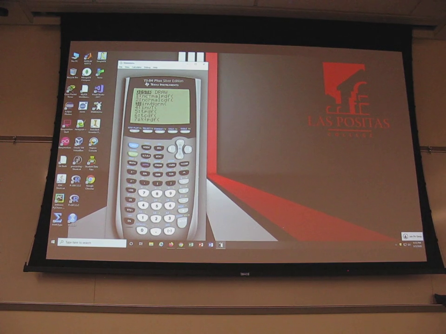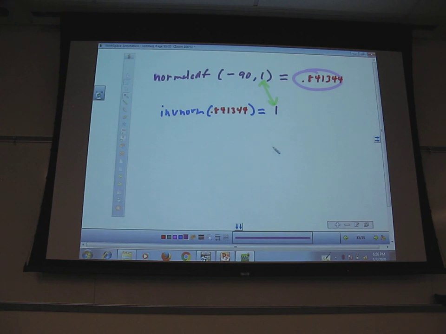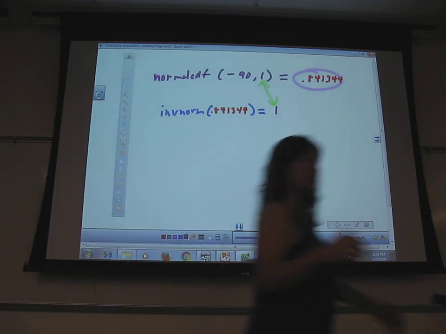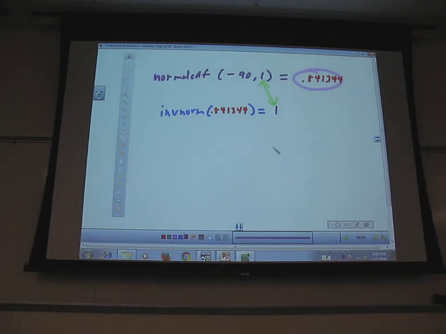Normal CDF, one more down, inverse norm. What was it? Help me out. 8413. 841344. Right, and you get 0.9999999. Basically 1. Okay. They're inverses of each other. They cancel each other out. Okay, cool.